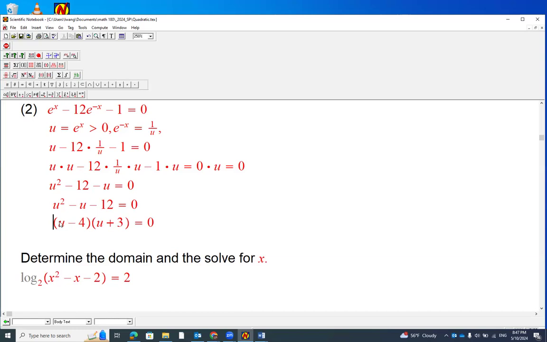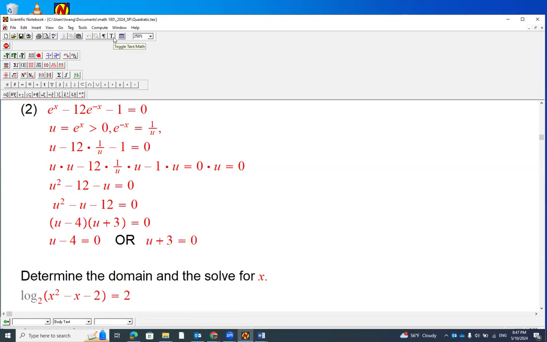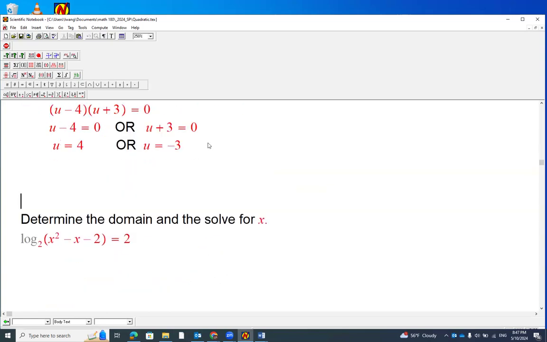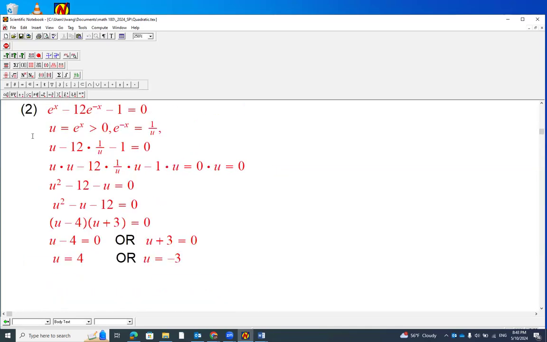By the zero product property, we get u minus 4 equals 0, or u plus 3 equals 0. Consequently, we got u equals positive 4, or u equals negative 3. All right. And then, of course, we're not done yet, because u equals e to the power x.